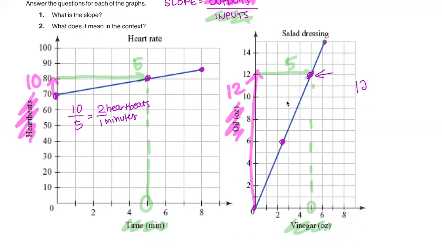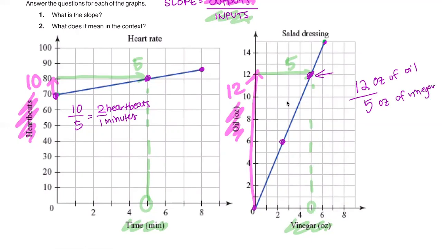It's outputs of 12 over inputs of 5. It doesn't reduce nicely here. You could turn it into a decimal if you wanted to, but I'm going to leave it like this. It's 12 ounces of oil over 5 ounces of vinegar.